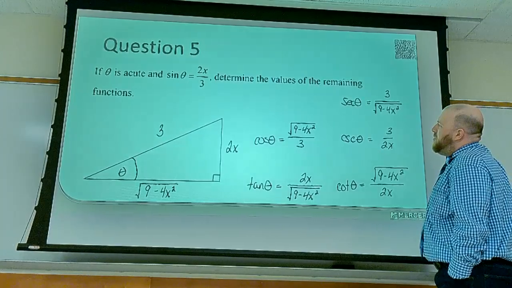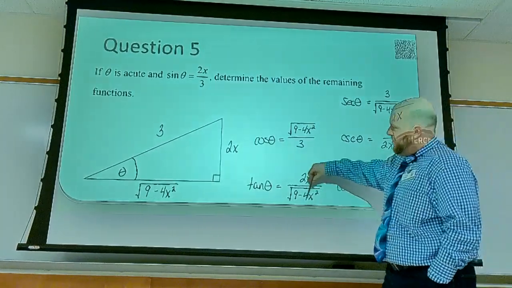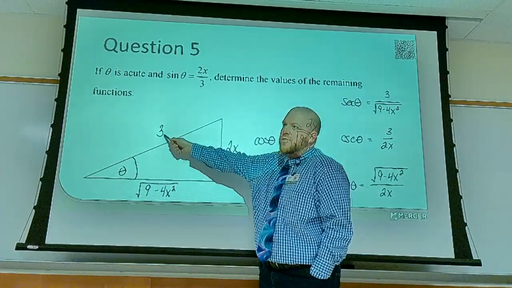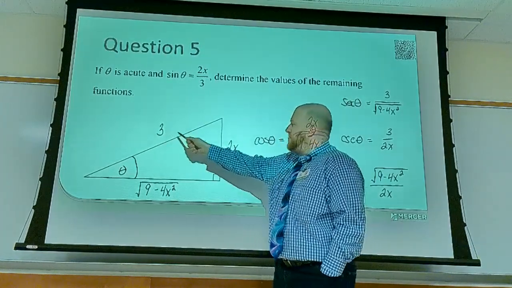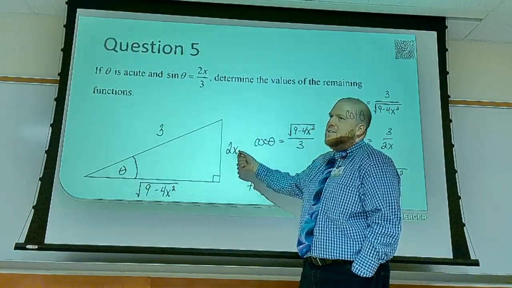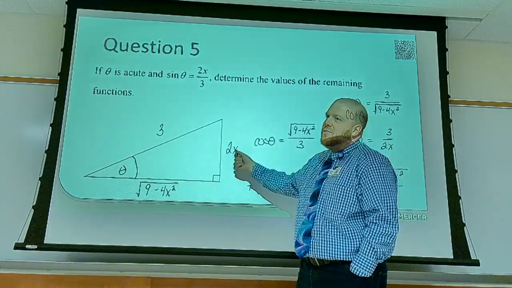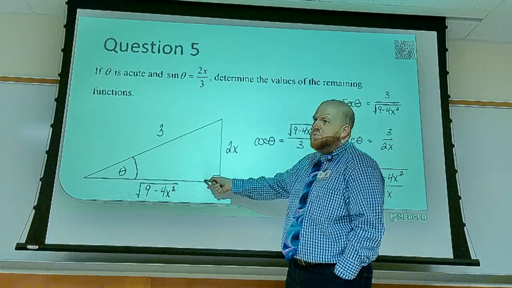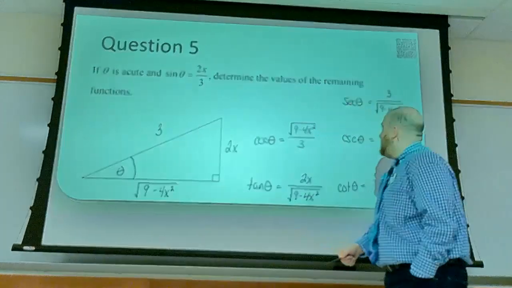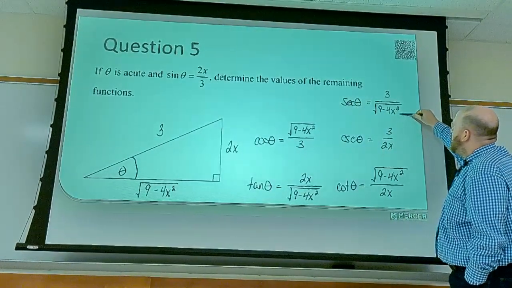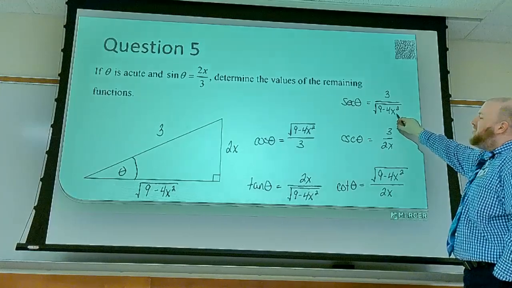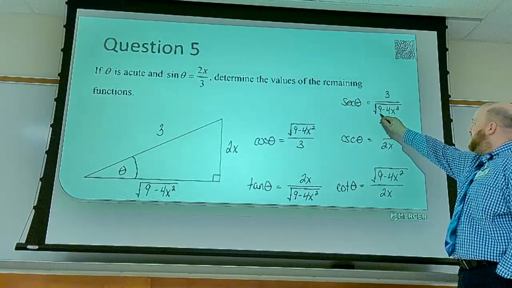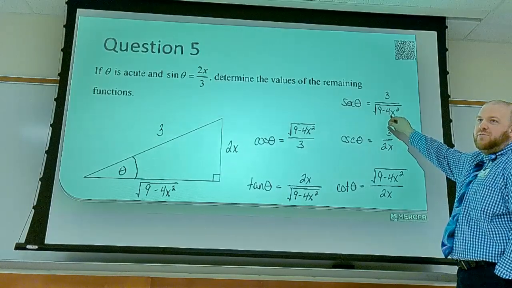We also know that 2 times x has to be less than 3, which means x has to be less than 3/2. It can't equal, because then again you wouldn't have a triangle. This would then have to be 0. 3/2 squared is 9/4, so at 3/2, this would be 9 minus 9, which is 0.